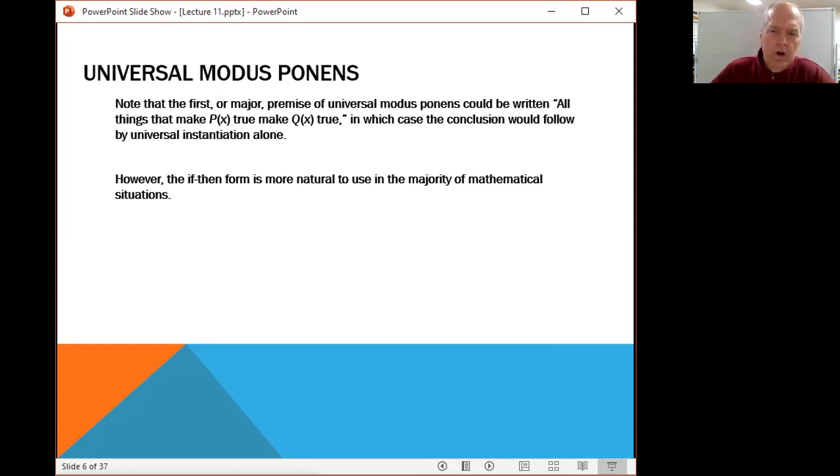And typically we've gone over how we can word these things different ways, but the if-then form is more natural, especially in computer science, because we're used to seeing if-then type conditional statements in our programming logic.